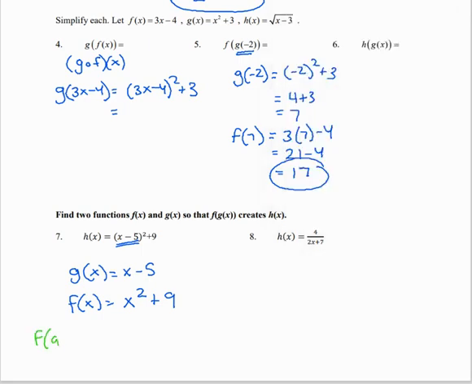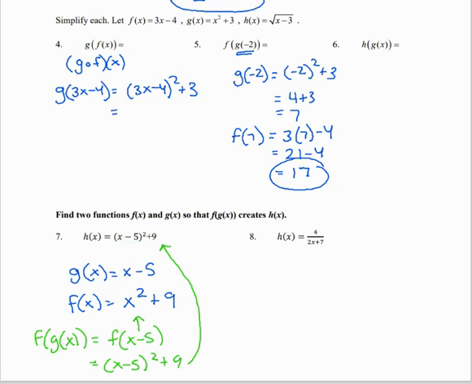If I said f of g of x, it would be saying f of x minus 5. So it would be saying take x minus 5 and plug it in where I see an x. So let's do that. If I plug that right on in, I would have x minus 5 all squared plus 9. And woohoo, that is the same thing as h of x.